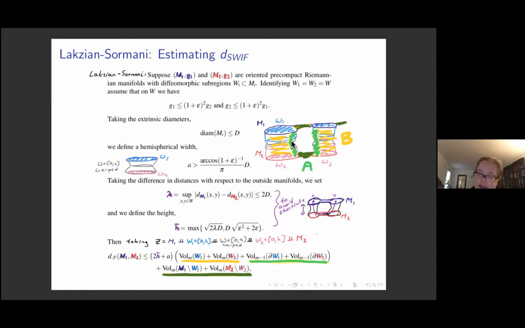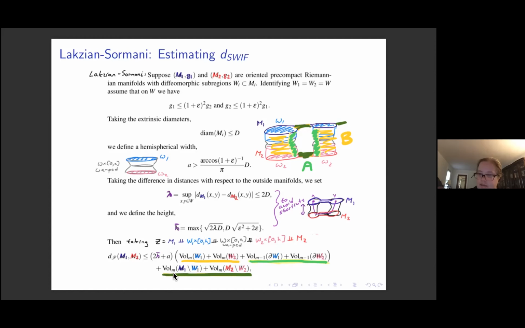And then we have to estimate this part of the volume of A, which is the part from the boundary where we cut W1 off from M1 and we cut W2 off from M2. And we have to cross that for the full height. And so that's the boundary of W1 and the boundary of W2 added up times the heights. That's the volume of this light green area.